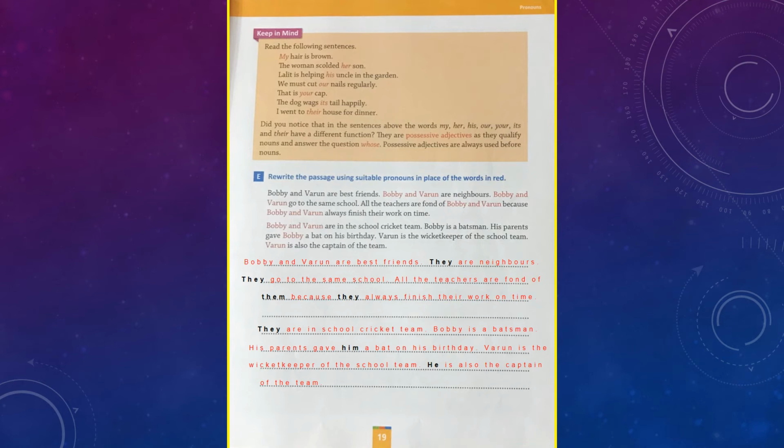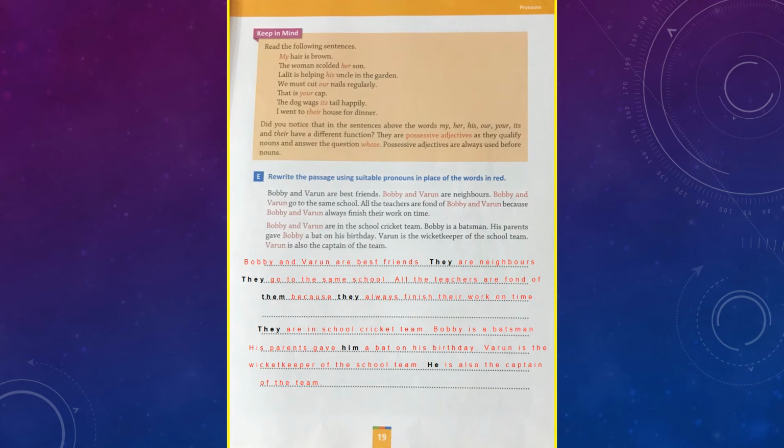Bobby and Varun are best friends. They are neighbors. They go to the same school. All the teachers are fond of them because they always finish their work on time. They are in the school cricket team.